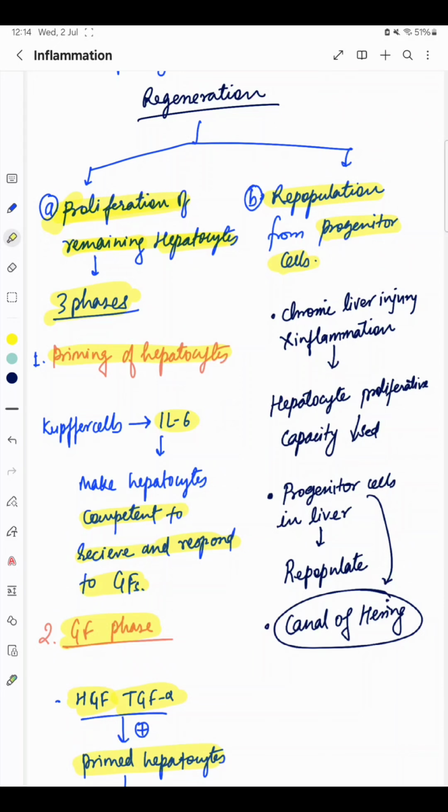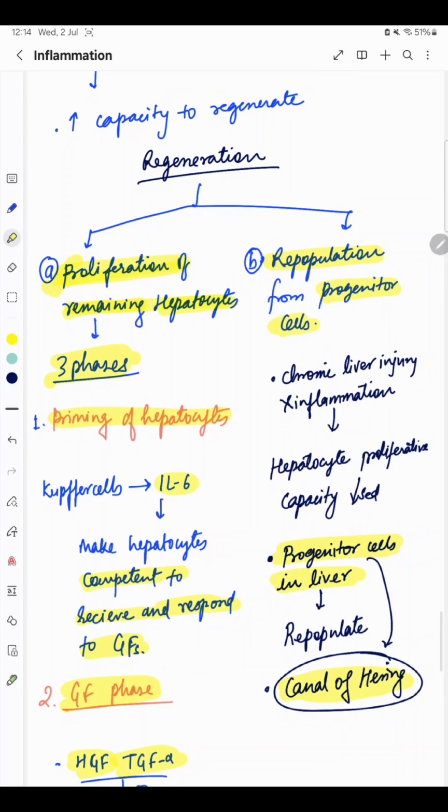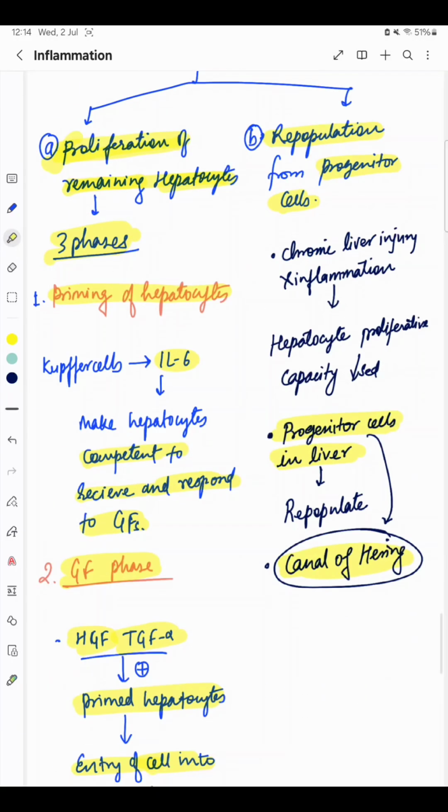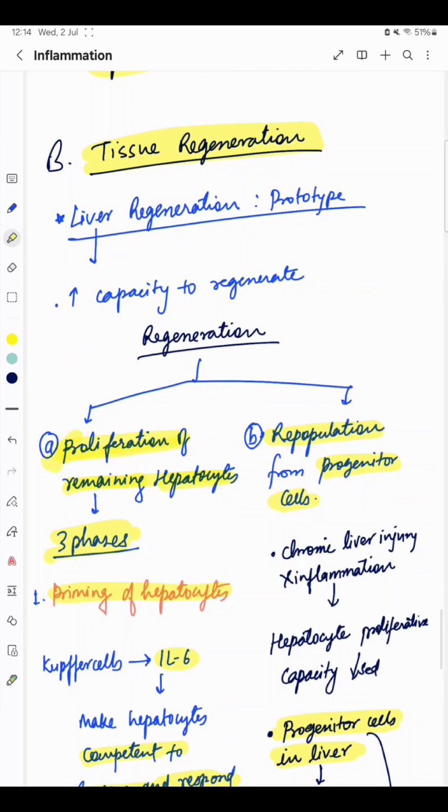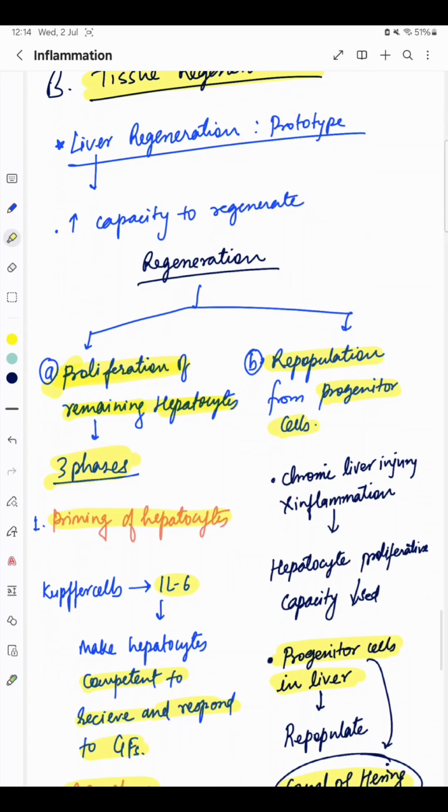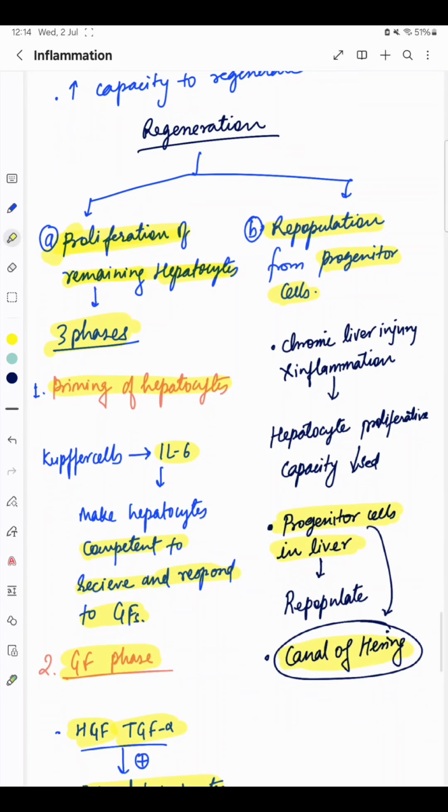In that case, some progenitor cells in the liver, present in the canal of Hering, repopulate and fulfill the demand of the damaged cells. So this is the tissue regeneration we have discussed, particularly in the setup of liver injury, by proliferation of remaining hepatocytes or by repopulation from progenitor cells.